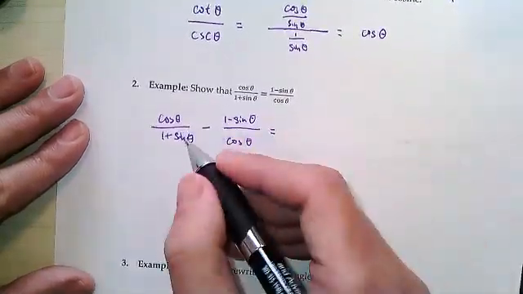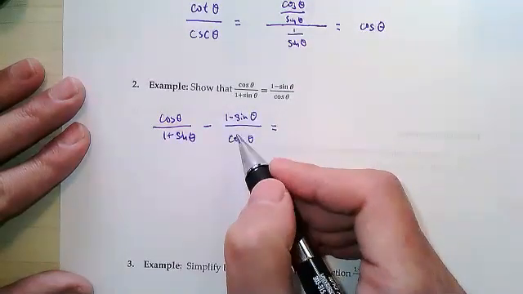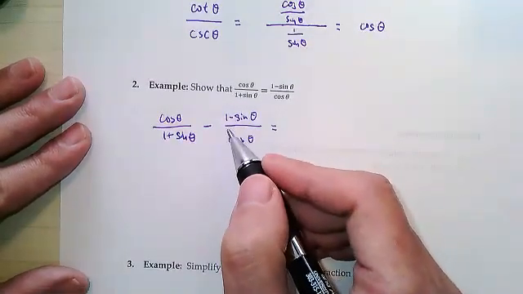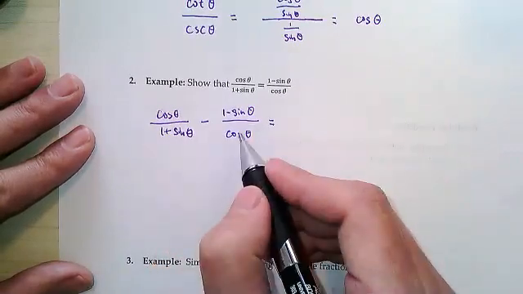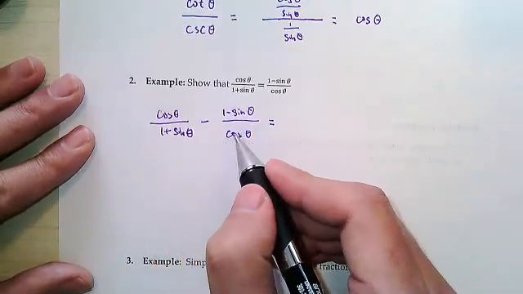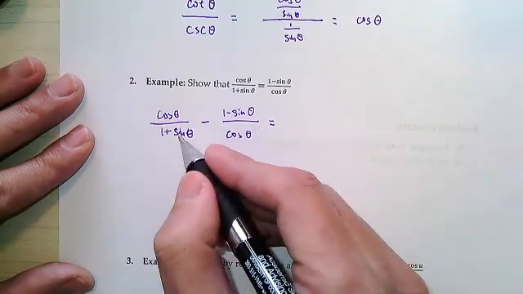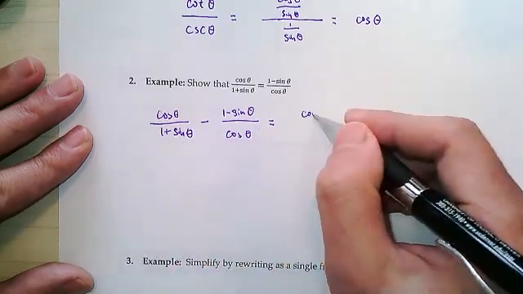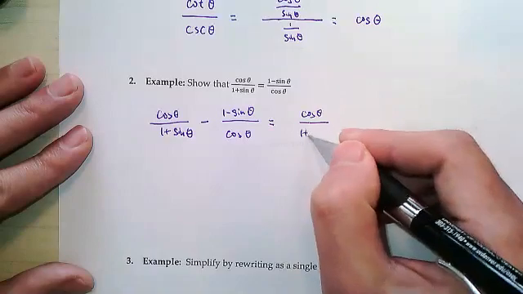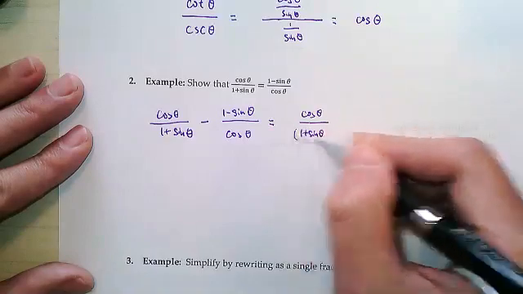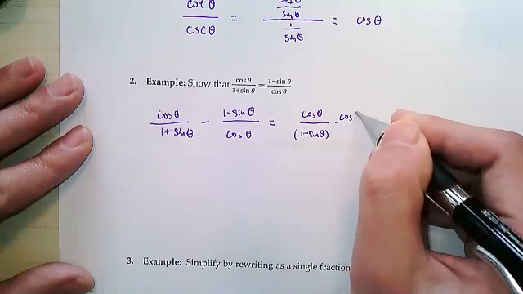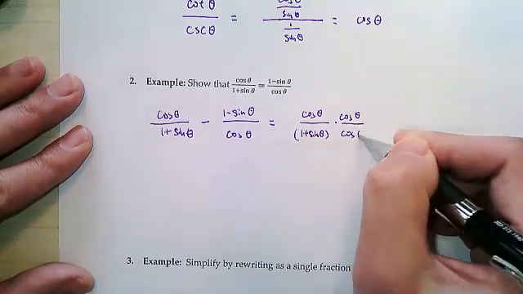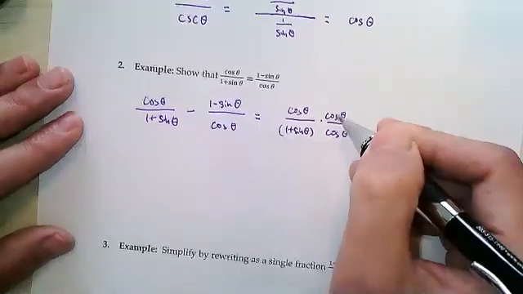We calculate. There are two fractions with different denominators, so we make them share the same denominator by multiplying each by the component they do not have. For this one, it needs a cosine theta, so we multiply by 1 as cosine over cosine.